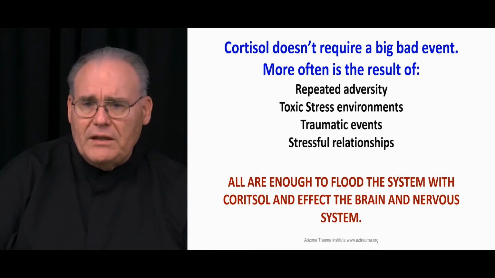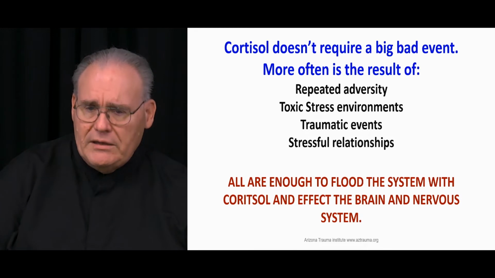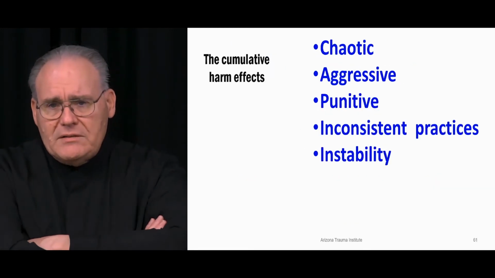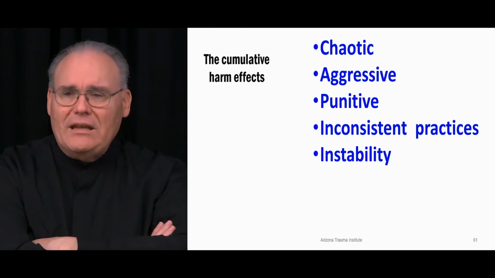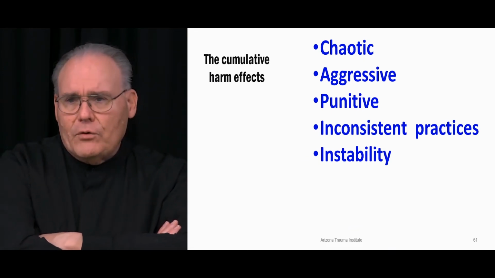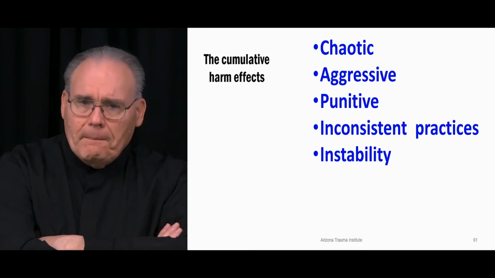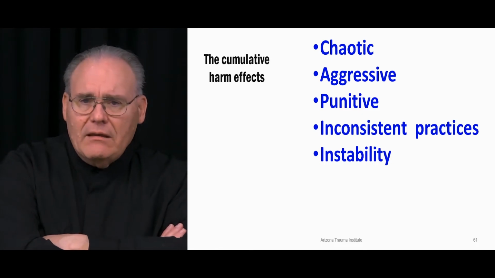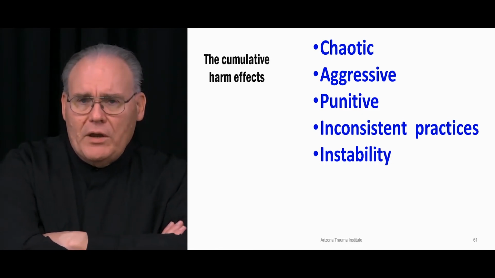All are enough to flood the system with cortisol and affect the brain and nervous system. Now, these are environments that we know are particularly provocative for generating cortisol and stress hormones in the body. We call it the cumulative harm effect. Any chaotic environment is going to create stress.